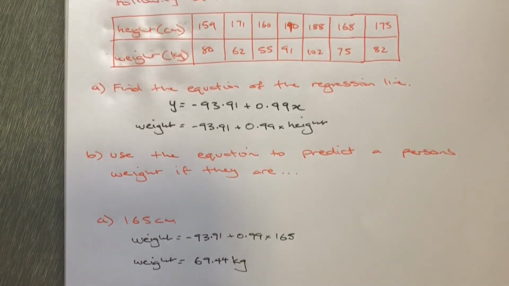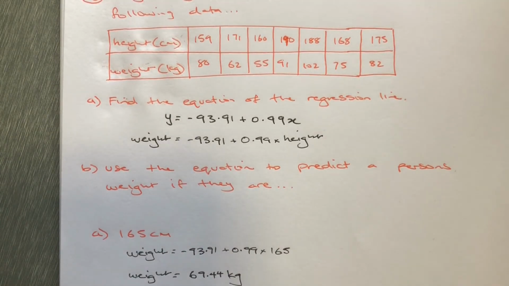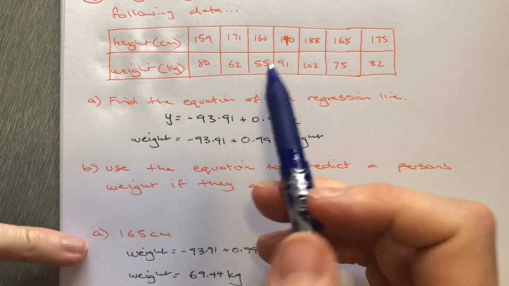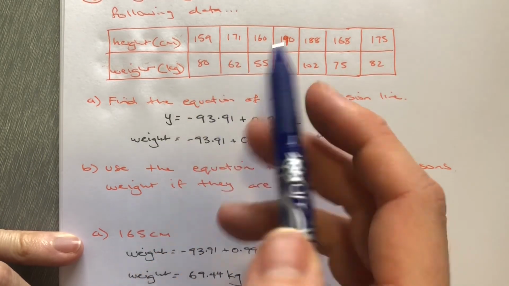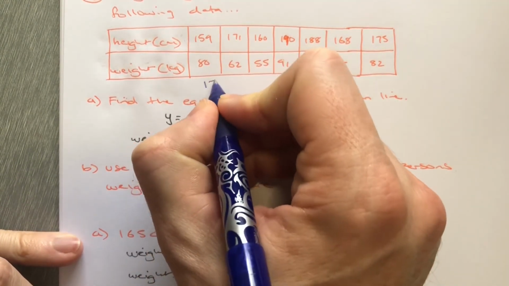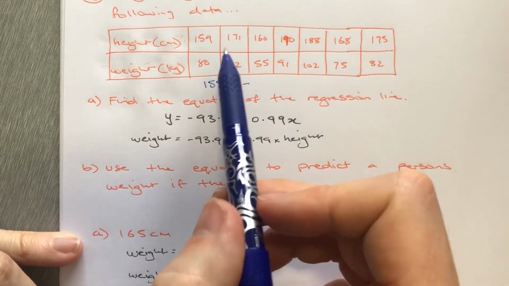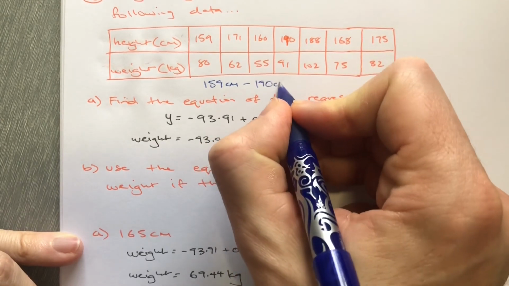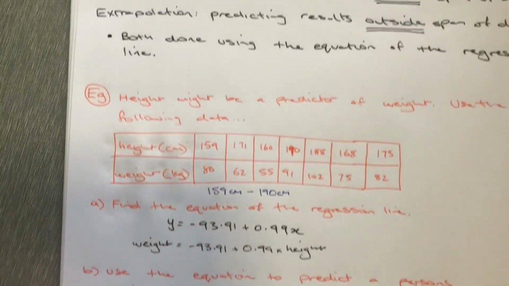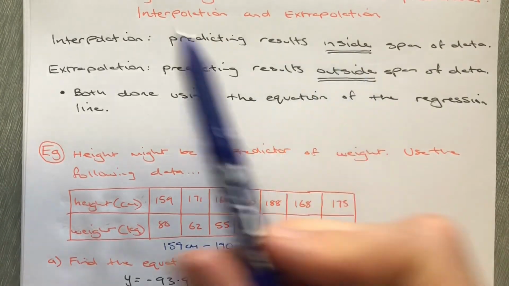If we look at our data set up here, we can see the range of heights that we have, the lowest looks like it's 159 centimeters. So our span is from 159 centimeters to the highest, which looks like it's 190. Now hopefully we remember that if we're making predictions inside, it's interpolation.